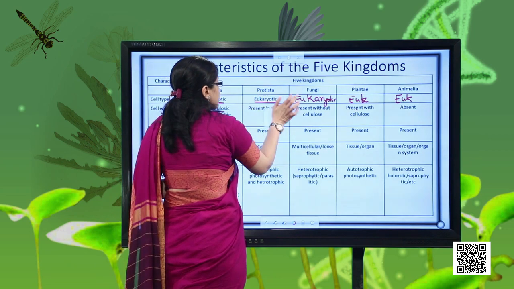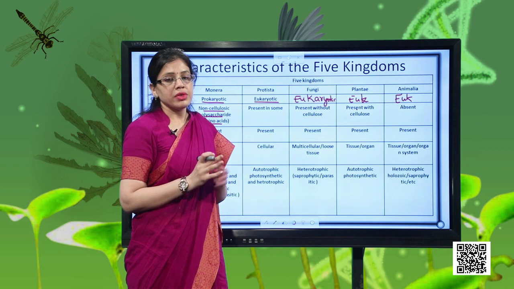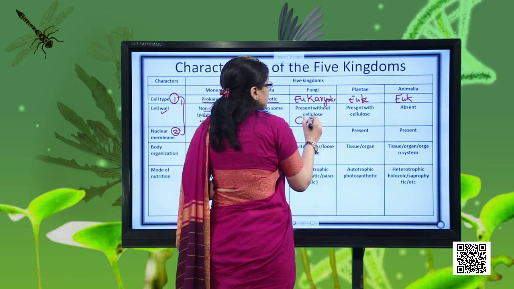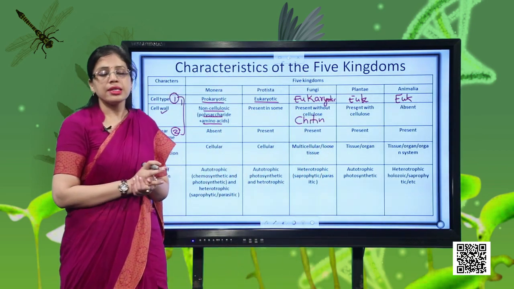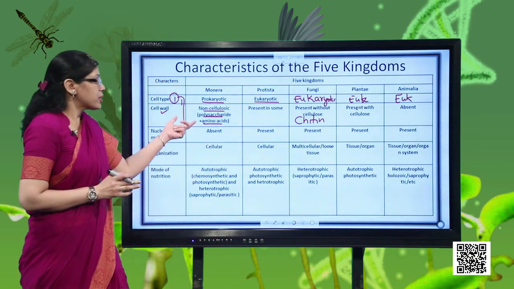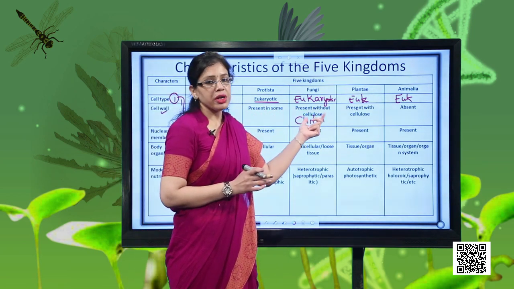Then let's talk about the next kingdom, that is the kingdom fungi. In kingdom fungi, the cell wall is made up of another compound, and that compound is known as chitin. Now you will realize that it's not necessary that the cell wall of every organism is made up of cellulose. Either it could be made up of peptidoglycan, or it could be made up of pellicle, or it could be made up of chitin.